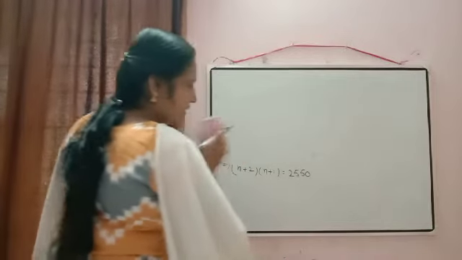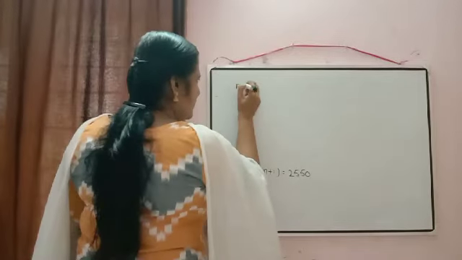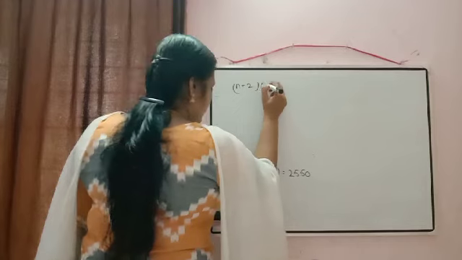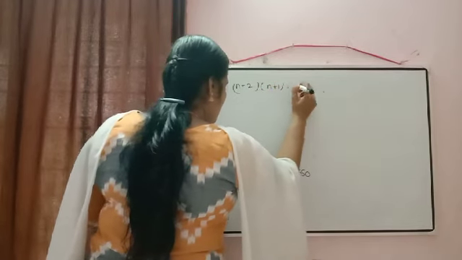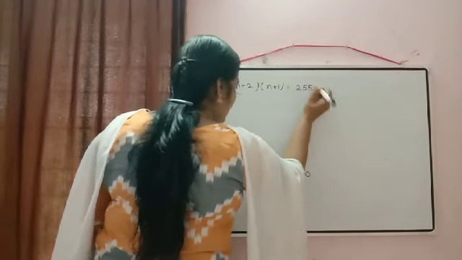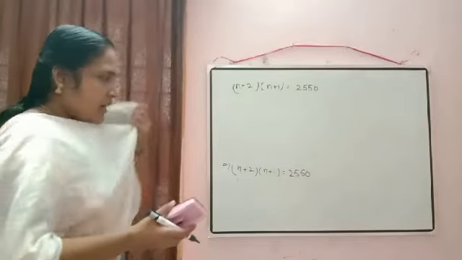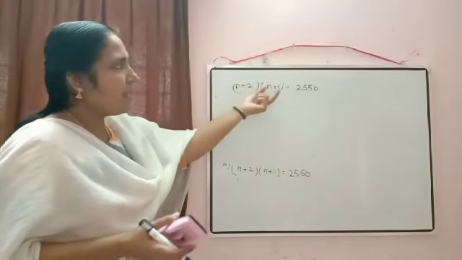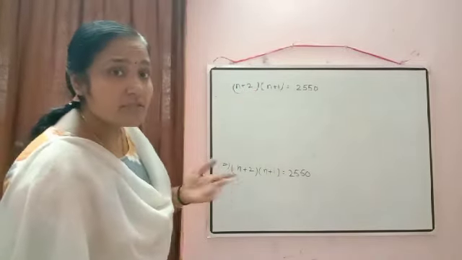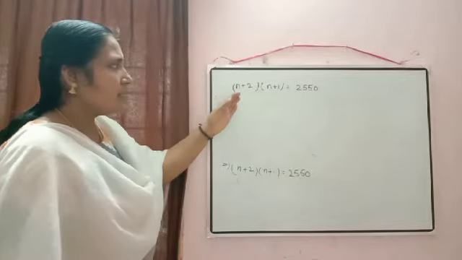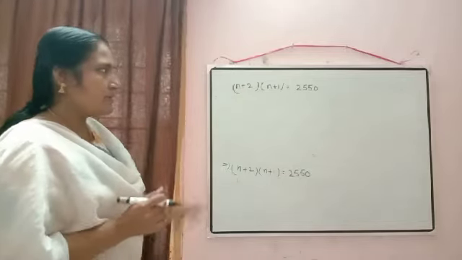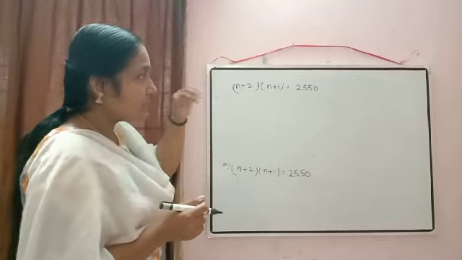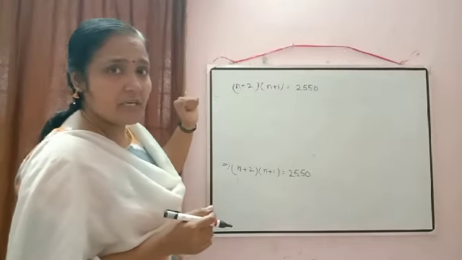Now just to check, when we got the equation, we got it in this way. n plus 2 into n plus 1 is equal to 2550. Now here n plus 2 and n plus 1 are consecutive numbers, correct? So the left hand side is written as the product of consecutive numbers.